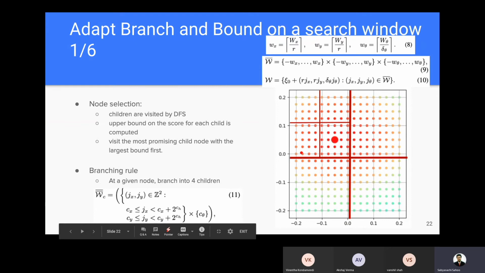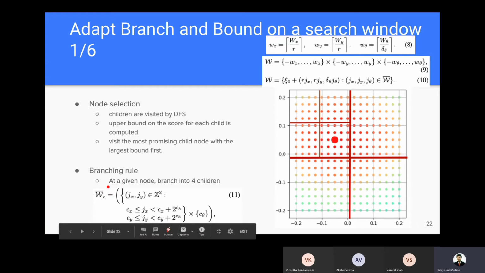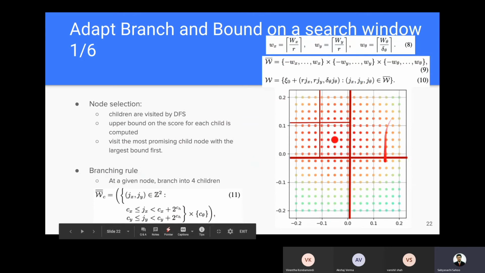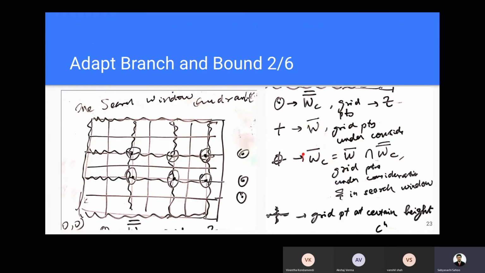At height 2, these qualify as height 2, and that is WC double bar. You remember W bar was simply each of the leaf node points that your brute force was evaluating. If you take an intersection of W bar and WC bar, those are the points you would ultimately end up evaluating on, and that we are representing as WC bar.